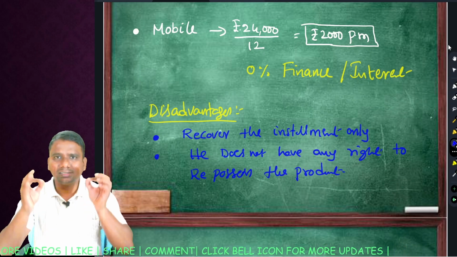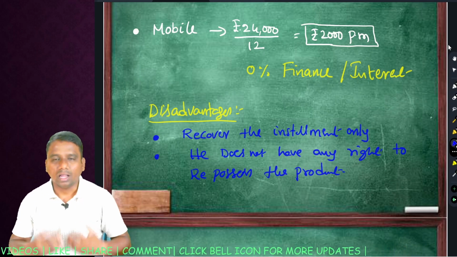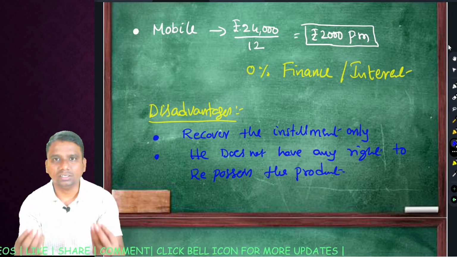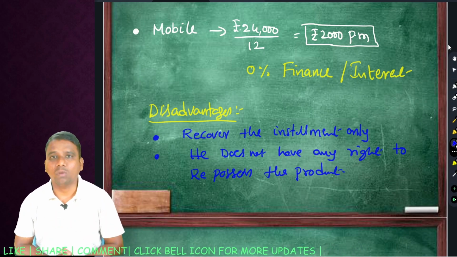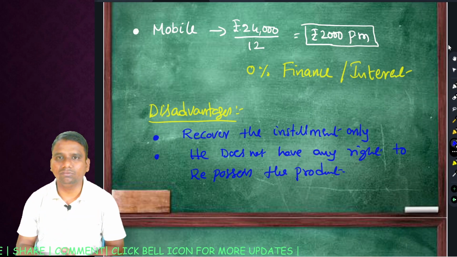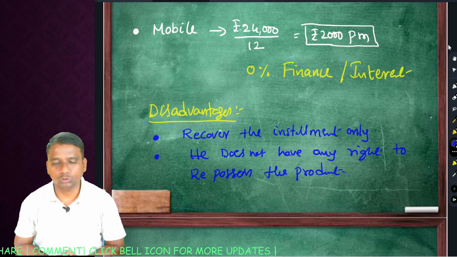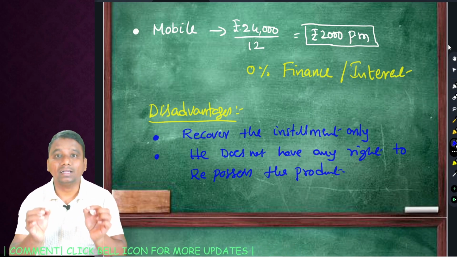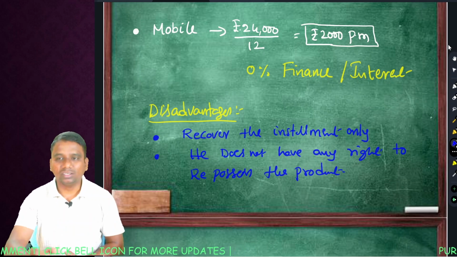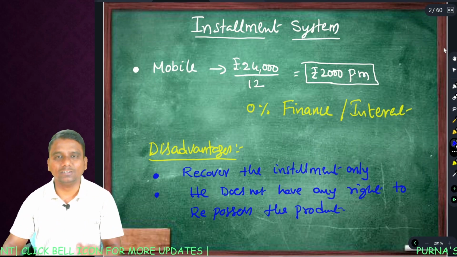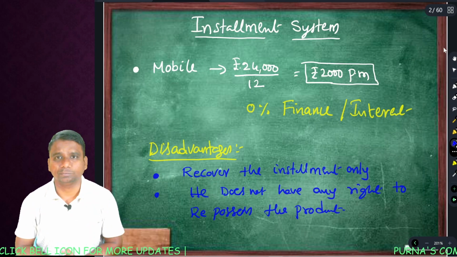Now, under this installment system, as a seller, I am selling goods, but the amount is not received in full. So what is the accounting treatment for this transaction? Installment system is a transaction.